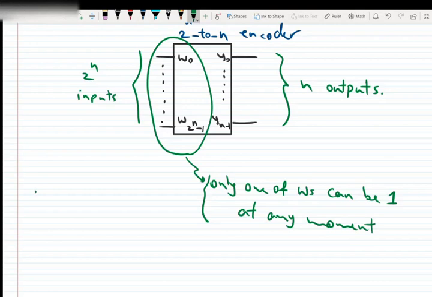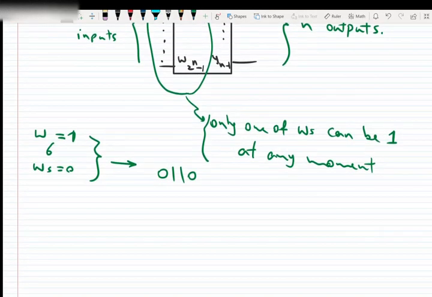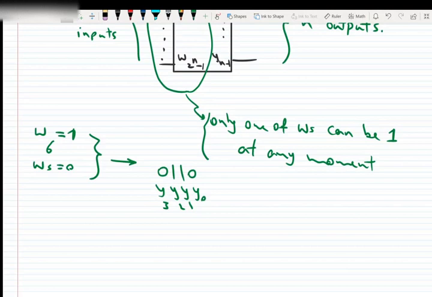So if, for example, W6 is 1 and the other W's are 0, the output will be 0 1 1 0, so y0 is 0, y1 is 1, y2 is 1, and y3 is 0.